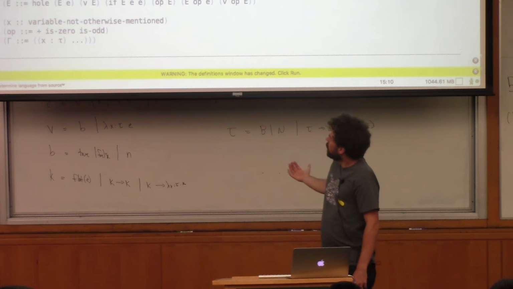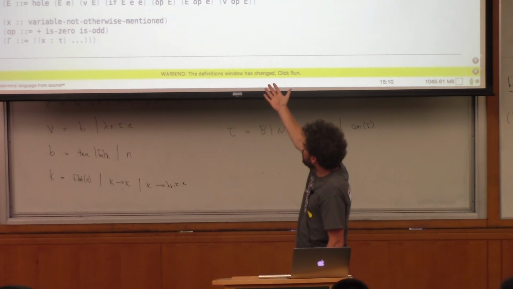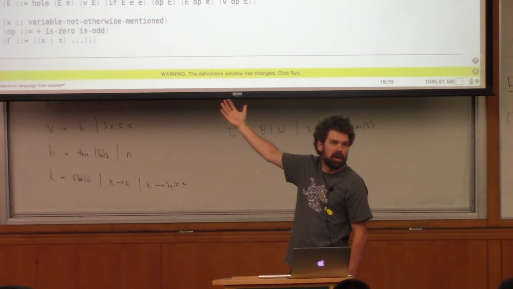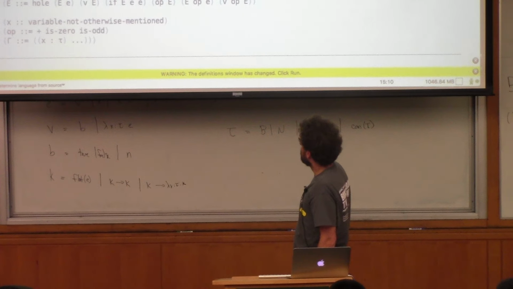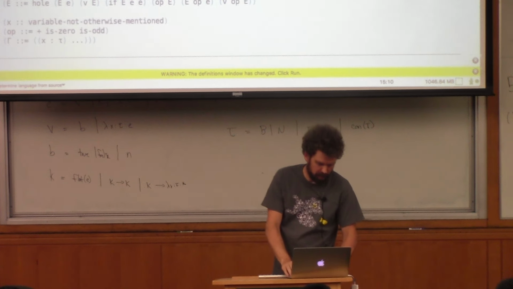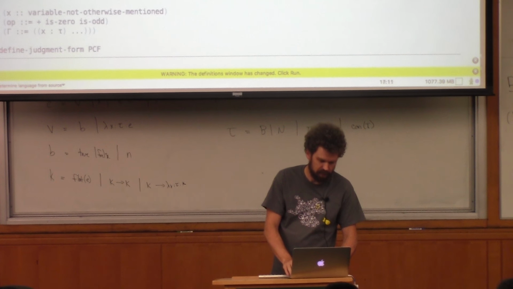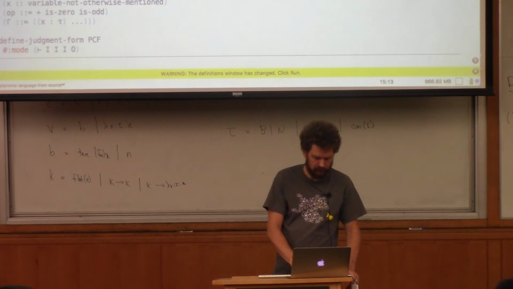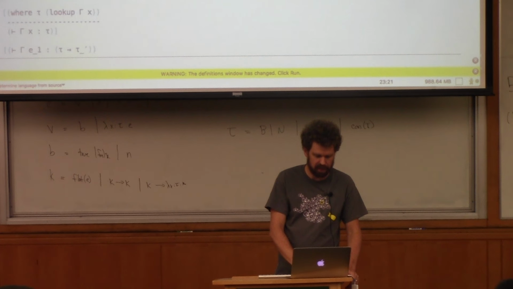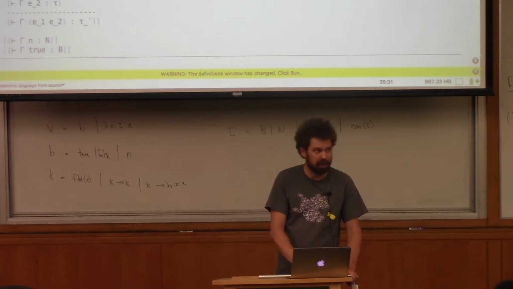And I'm basically in one-to-one correspondence with the lines that he wrote, okay? I could back up over some white space here to make it look more like what he wrote, but my grammar definition looks just like his. My evaluation context looks just like his. My judgments, I've got one judgment for each judgment he wrote, or one inference rule for each one he wrote.